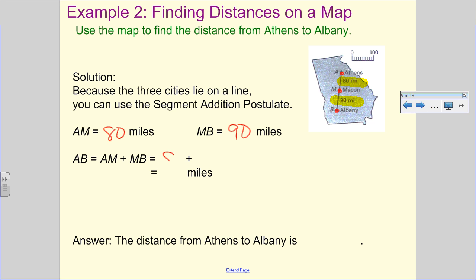It's the 80 AM and then the 90 MB, so that's 170 miles. So our answer here, the distance from Athens to Albany, is 170 miles. Notice, ladies and gentlemen, we're making sure that you include labels with this, so we have 170 miles.